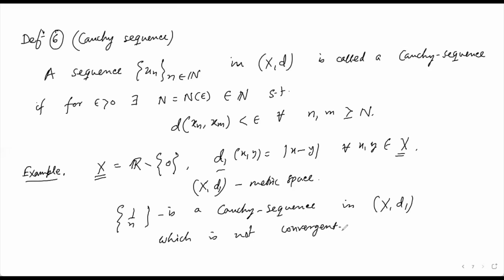Also in real analysis, we have seen that every bounded sequence has a subsequence which is Cauchy, but again, this is not the case in general in metric spaces.